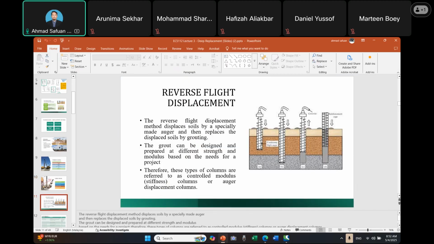So reverse flight displacement: the reverse flight displacement method displaces soil by a specially made auger, then replaces the displaced soil by grouting. The grout can be designed and prepared at different strength and modulus based on the needs of the project. Therefore, this type of column is referred to as a controlled modulus stiffness column or auger displacement column.